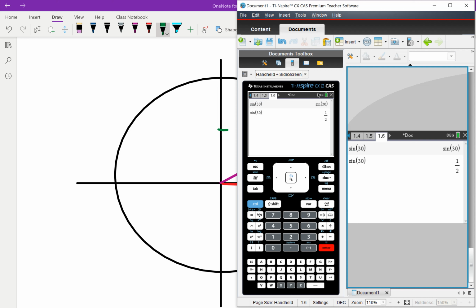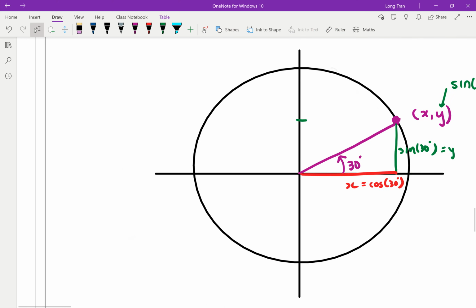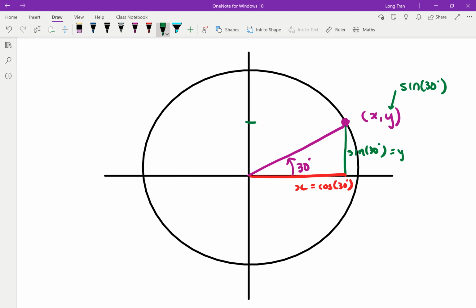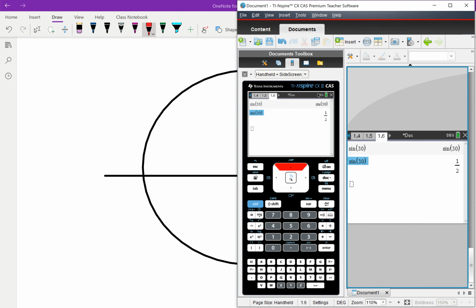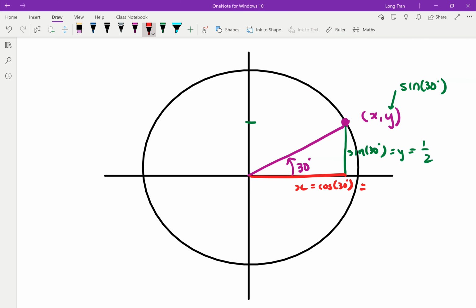It gives you a half. Then cosine should be an exact value, hopefully they keep it exact. Good, root 3 on 2. So half and root 3 on 2.